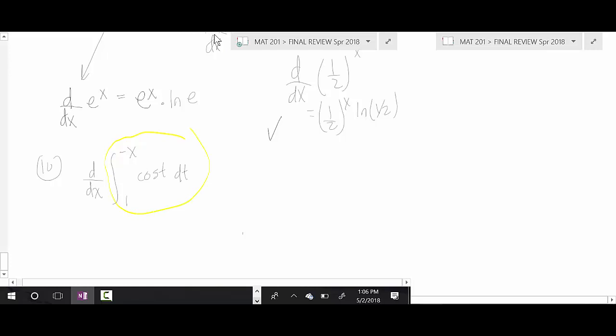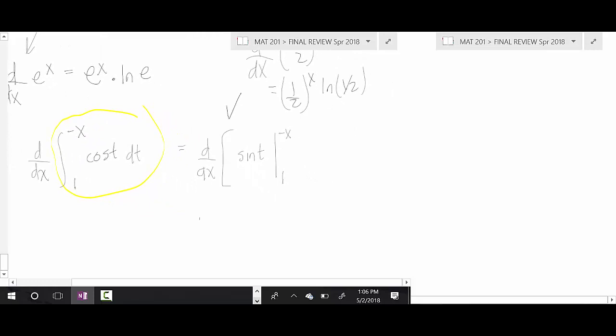What is the antiderivative of the cosine? It's the sine, right? What's the antiderivative of the sine? Negative cosine. Be careful about those negatives, okay? If you don't know, double check yourself. So what you would end up with, we still got the derivative, but the antiderivative is sine of t, and then you're going to evaluate that from 1 to negative x.